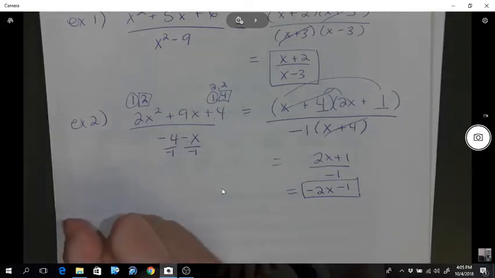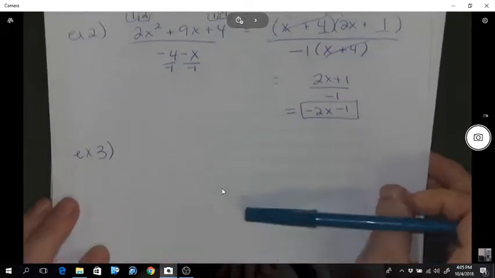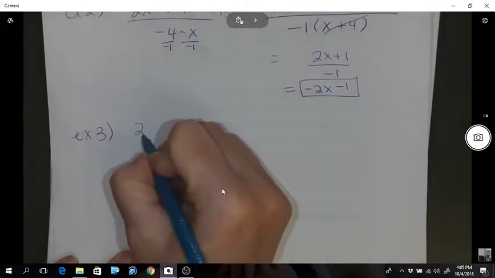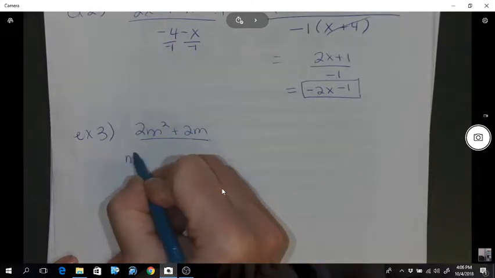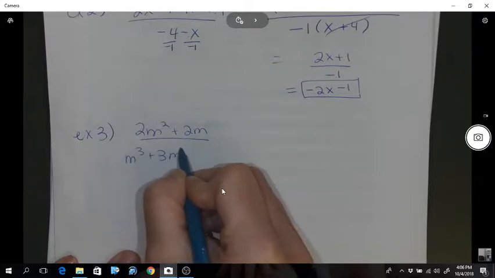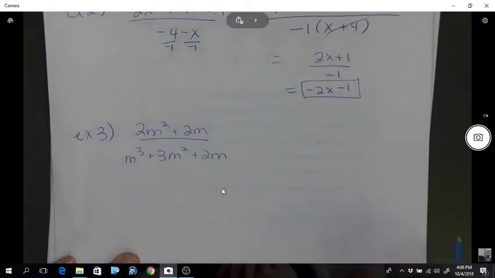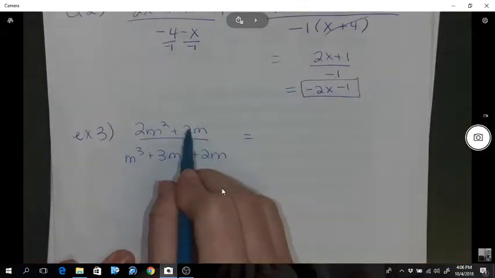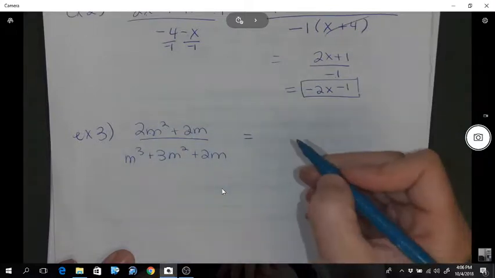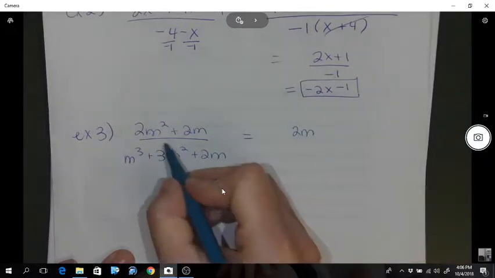Okay, one more. Example 3. 2m squared plus 2m all over m cubed plus 3m squared plus 2m. Okay, so factor as much as we can. I see a GCF. So I'm going to take a 2m out.